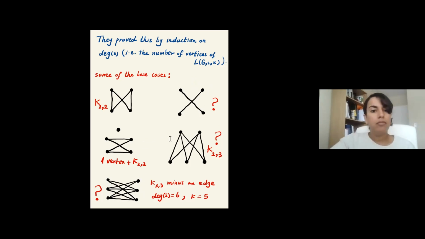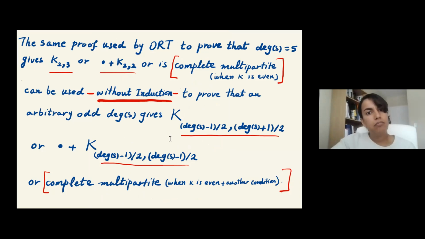Okay. So I claim that without induction, one can prove that all of those specific properties carry over, and the exact same proof they used at the base case works in general.